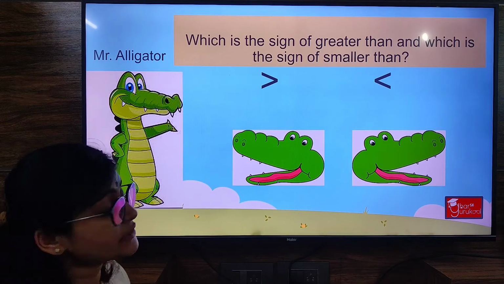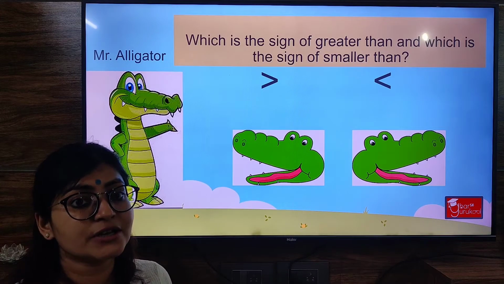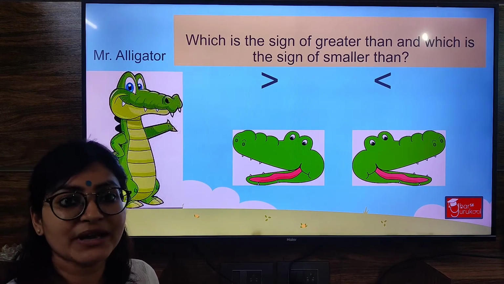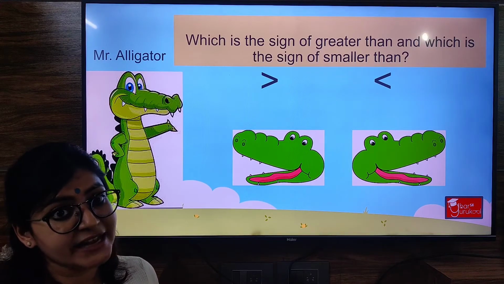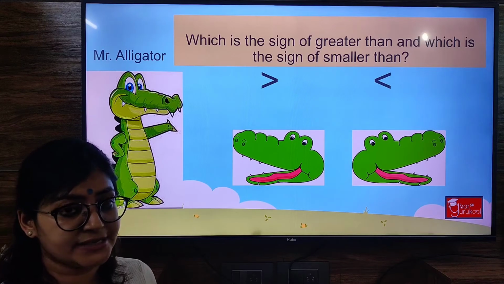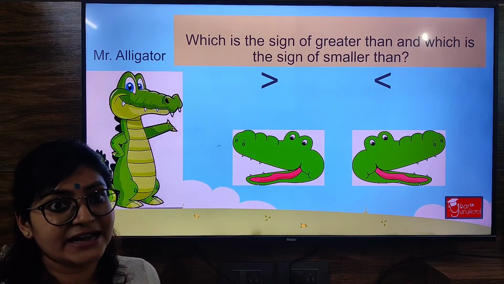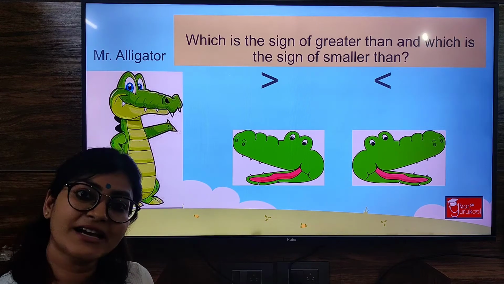Also, he told us that he always opens his mouth towards a bigger number. Means if a bigger number is written on the right hand side, the alligator will open his mouth towards the right hand side. If the bigger number is written on the left hand side, the alligator will open his mouth at the left hand side.